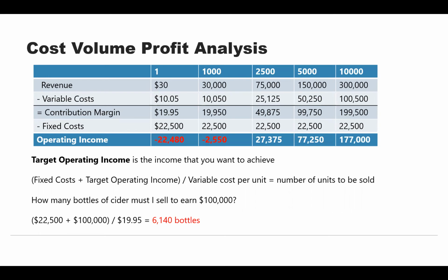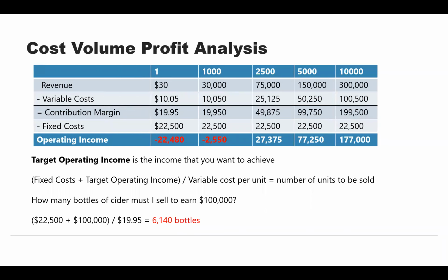And I should say that when you're calculating the target operating income, it's always that variable cost per unit that you are looking at. So it would be the $19.95, regardless of whatever you set the target operating income to. If I set my target operating income to $50,000, it would be the 22,500 fixed cost plus $50,000, divided by the 19.95.